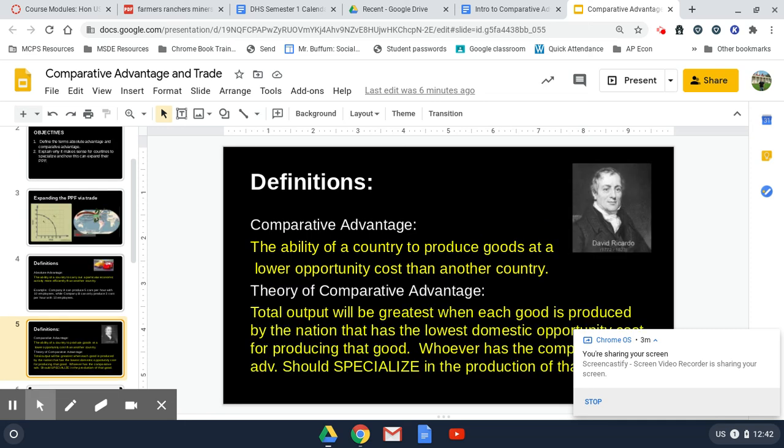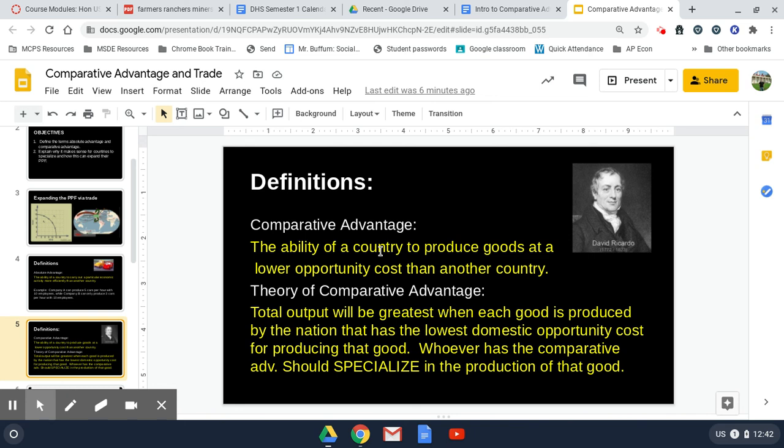Comparative advantage is a theory by David Ricardo, an English economist back in the 1700s, 1800s. Comparative advantage is the ability of a country to produce goods at a lower opportunity cost than another country. We'll get into that more. According to the theory of comparative advantage, total output will be greatest when each good is produced by the nation that has the lowest domestic opportunity cost for producing that good.